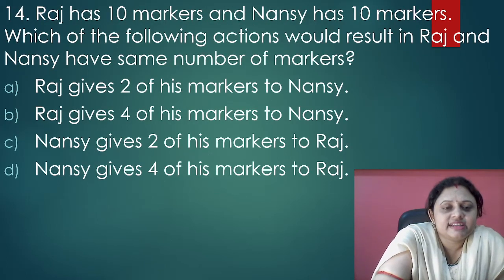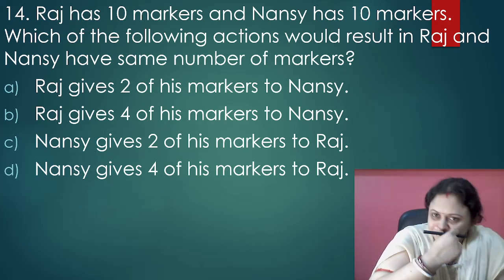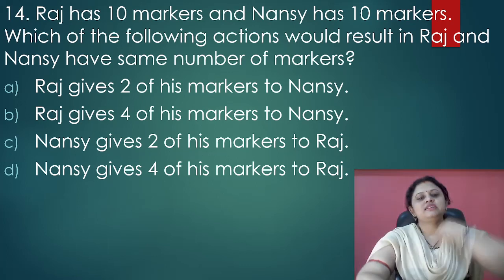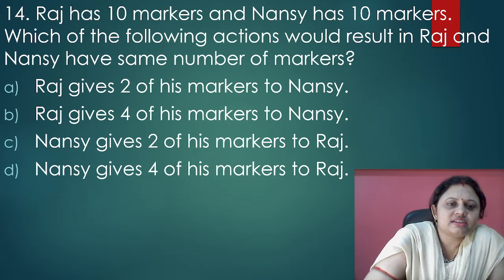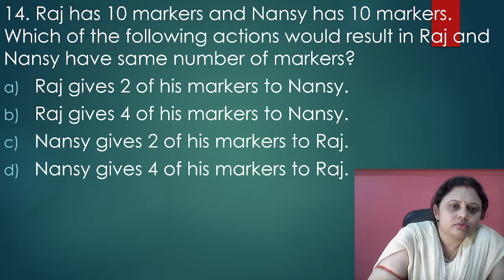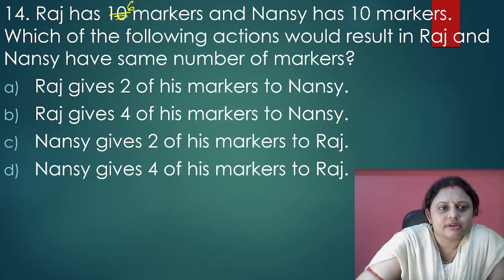Raj has 10 markers and Nancy has 10 markers. Which of the following actions would result in Raj and Nancy having the same number? I think in today's class there are some printing mistakes over there. I think Raj has 6 markers and Nancy has 10 markers.